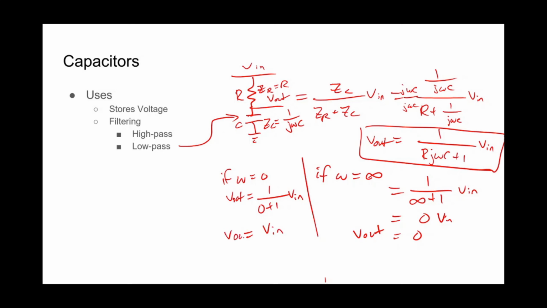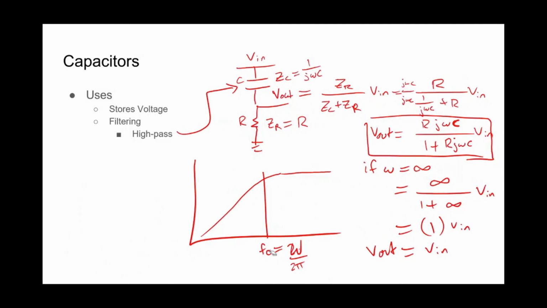So little to no attenuation. This is why it's a low-pass filter. Again, let's draw that Bode plot. Low frequencies are unattenuated, higher frequencies are attenuated, and right there's our cutoff frequency, which we can find using this equation: omega equals 2 pi f. So there we go.